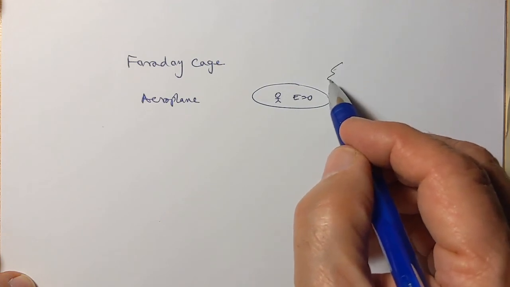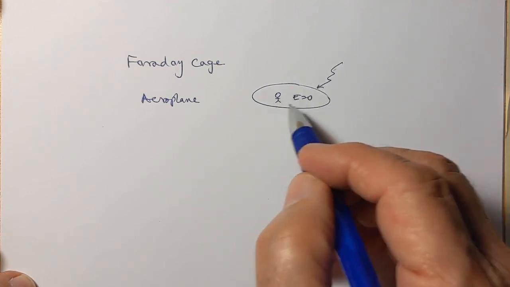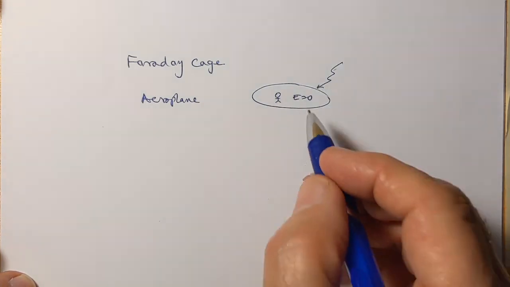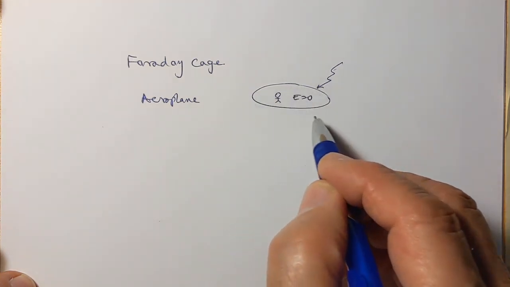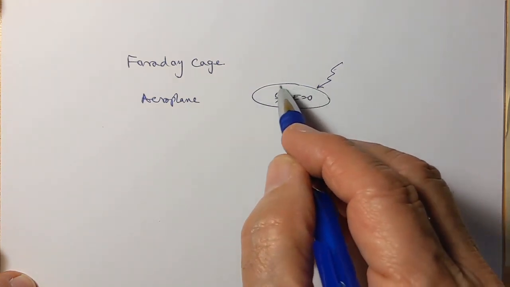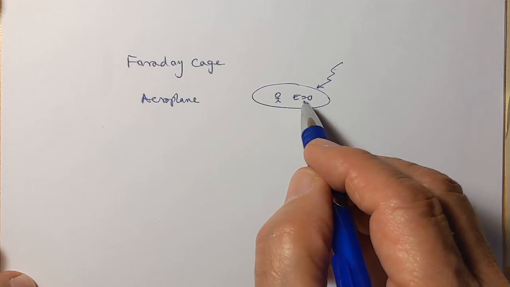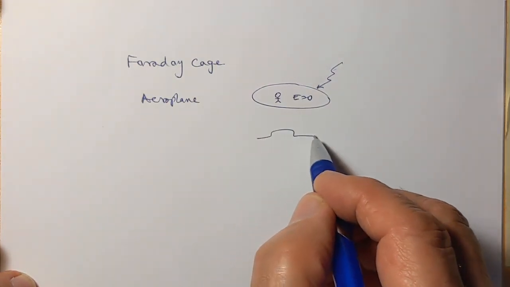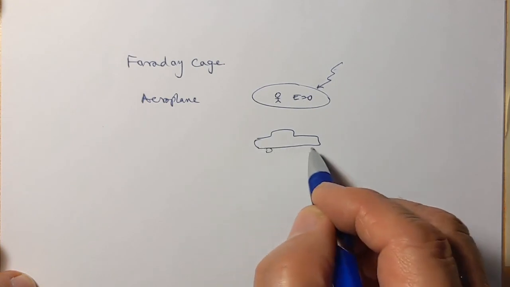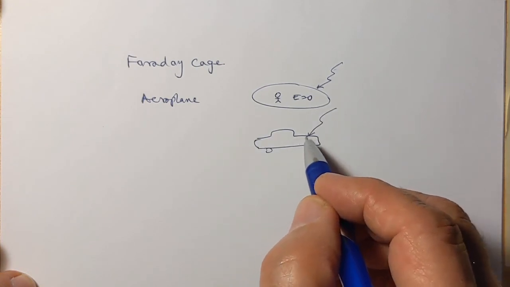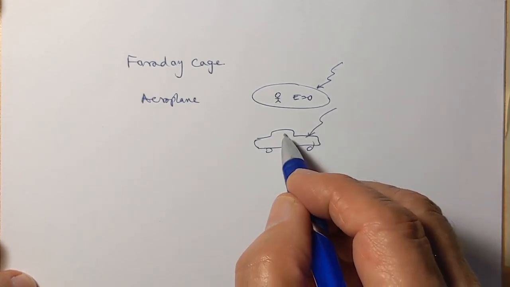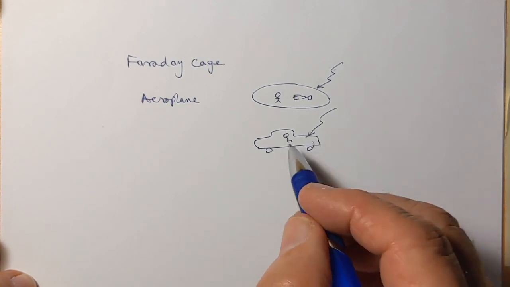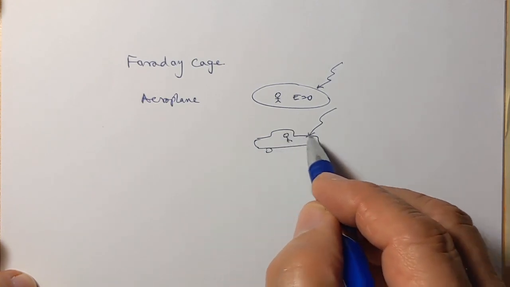So even if lightning hits it, nothing will happen to the people inside because they are inside a metallic object, and so the electric field inside is 0. Similarly, if you're in a car and lightning hits the car, the engine may turn off, but the people inside would remain okay because they're inside a metal cage.